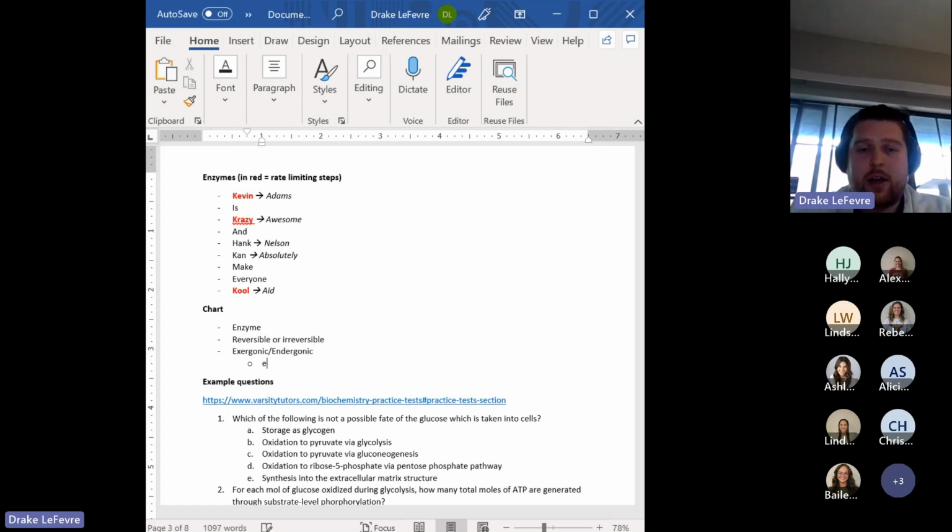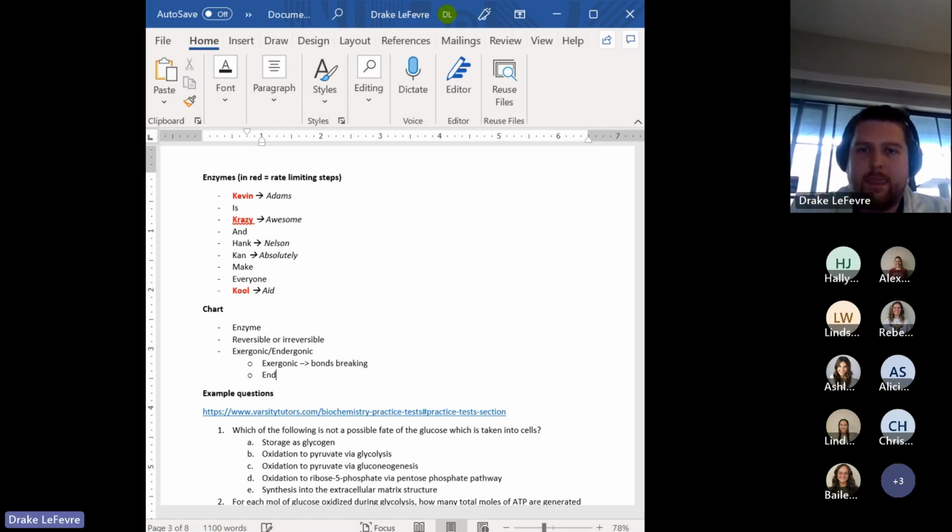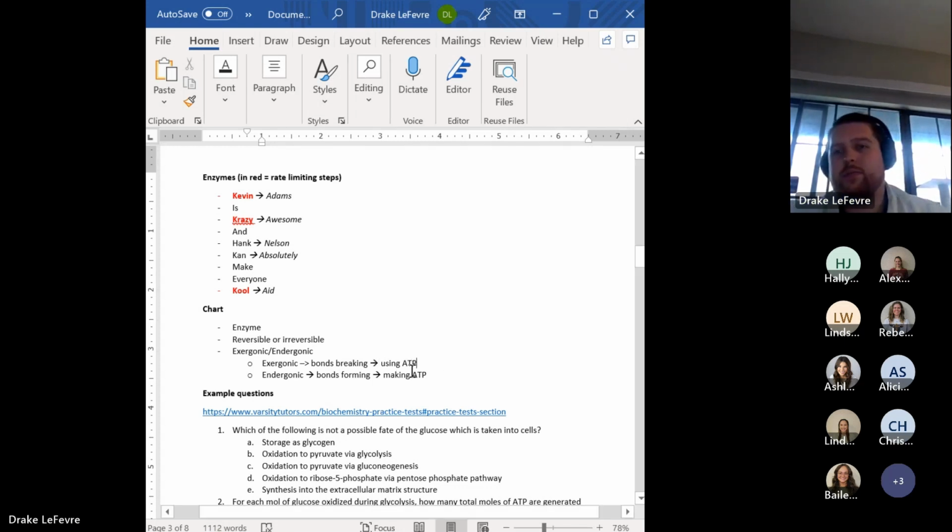And if you remember exergonic, look for bonds breaking, and endergonic, look for bonds forming. So making ATP, using ATP. Those are some general rules that you can follow. And in the book he has all of those things.